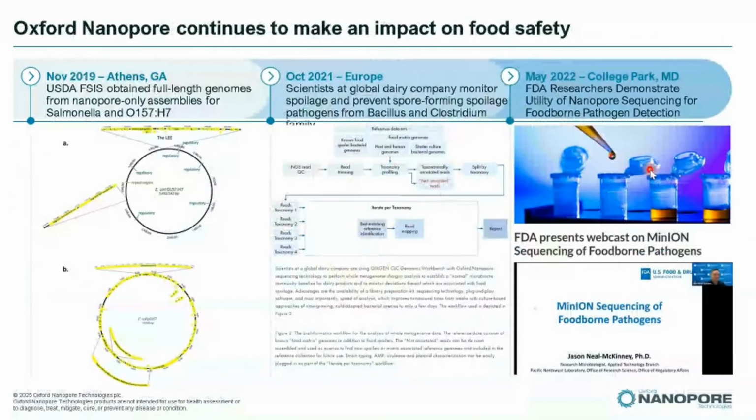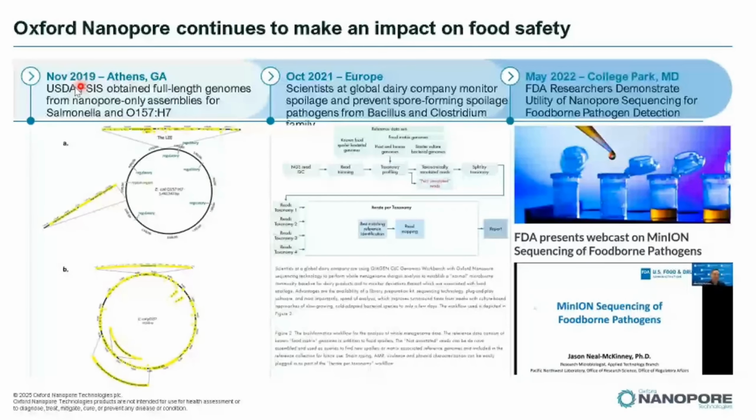Actually, since 2019, the USDA FSIS has been very interested in using nanopore sequencing technology for the food safety area. Okay, so they actively initiated a program to use nanopore technologies for the sequencing of foodborne pathogens.